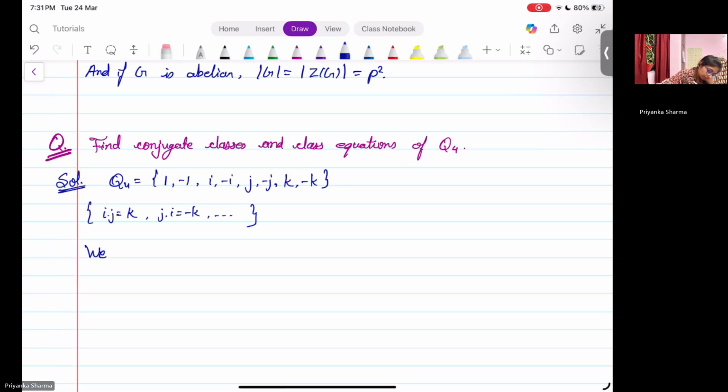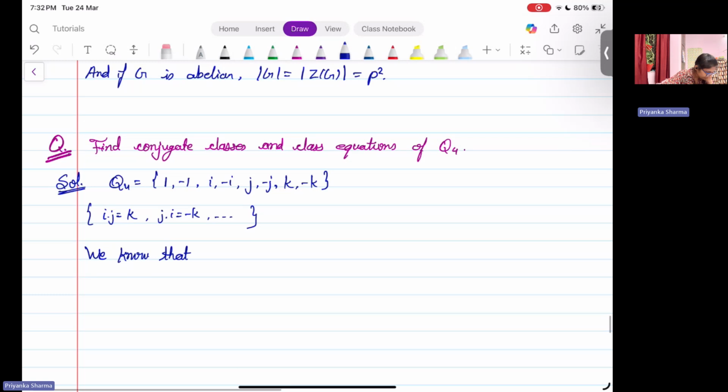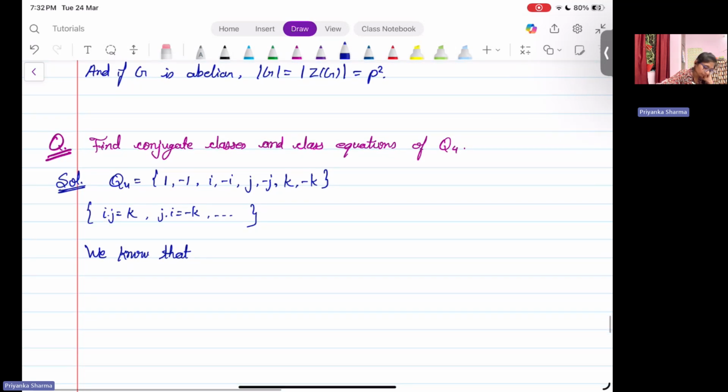And in the previous problem solving sessions, we have found the order of Q4. So we know the order of elements of Q4 and center of Q4. So Z of Q4 has two elements, 1 and minus 1.